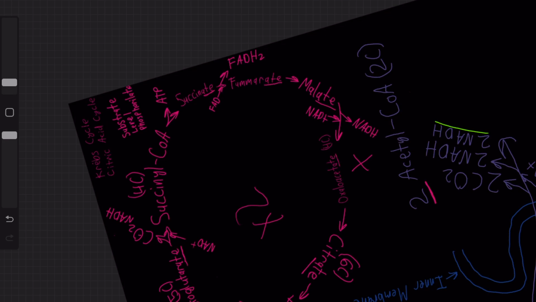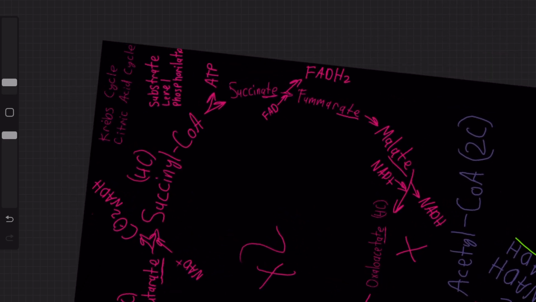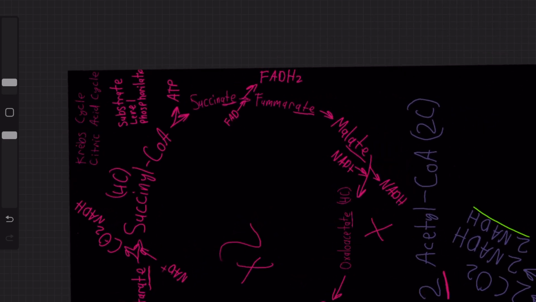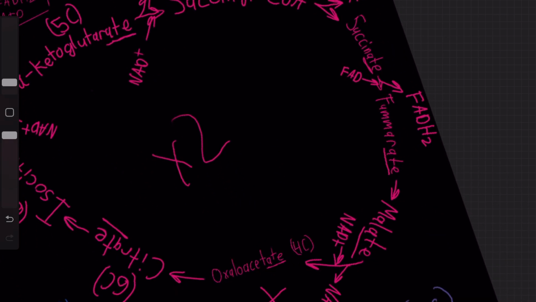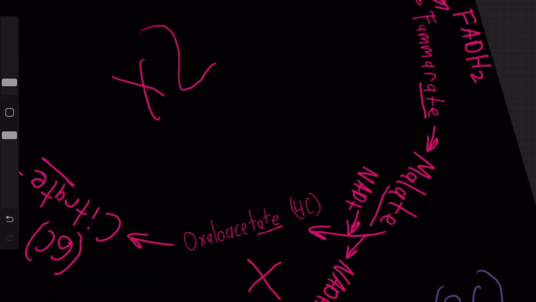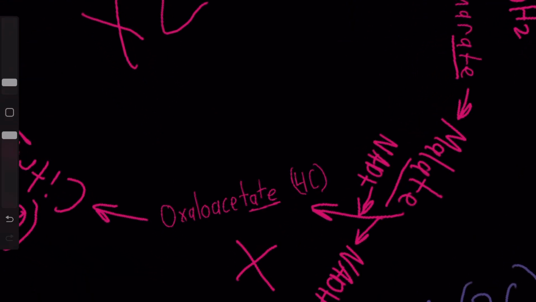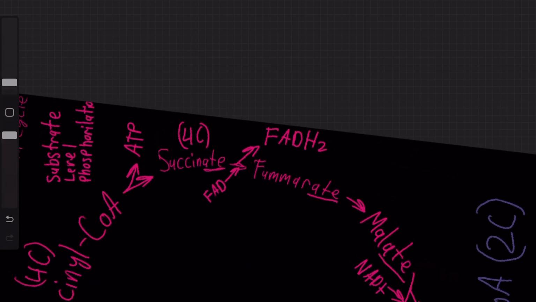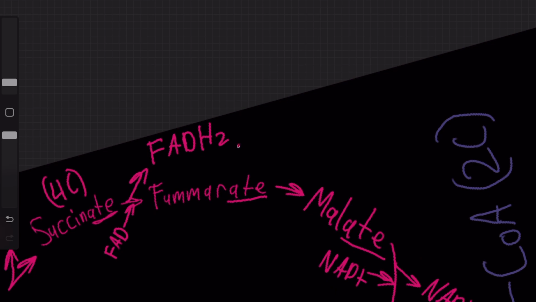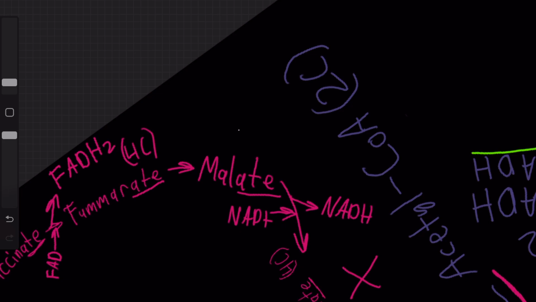And since oxaloacetate is 4-carbon and succinyl is 4-carbon, once you reach succinyl coenzyme A, which is 4-carbon, we cannot lose any other carbons, because oxaloacetate is a 4-carbon molecule. So succinate will be 4 carbons, fumarate will be 4 carbons, and malate also will be 4 carbons.